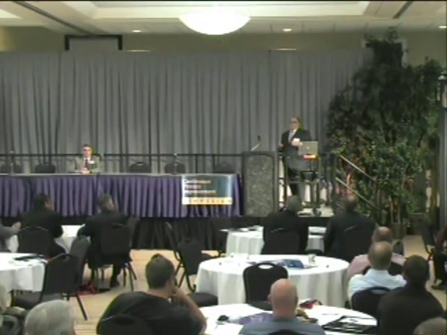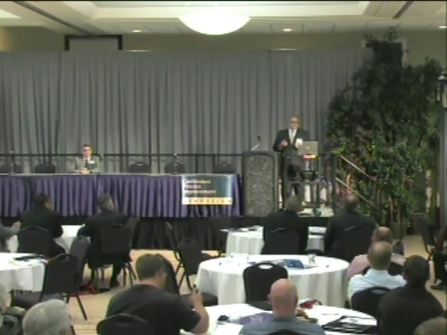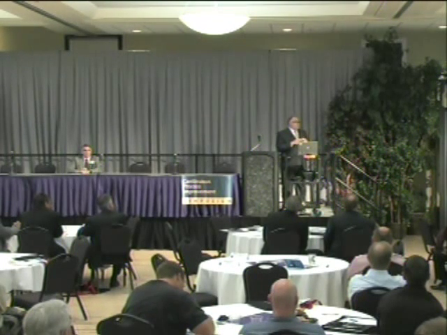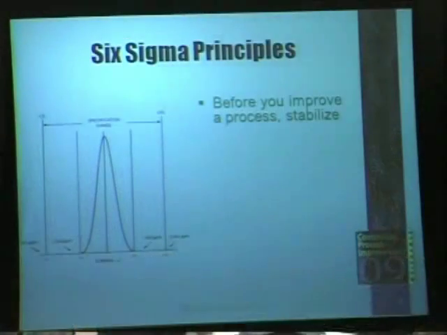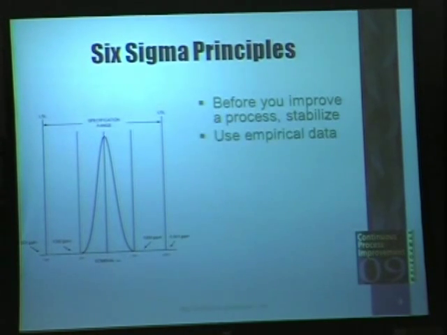Now, Six Sigma says that before we improve a process, we have to stabilize it. It doesn't make sense to improve an unstable process. So stabilize before you begin. Use real data. If you have it, use it. Use a scientific approach. Every output is a function of the input.